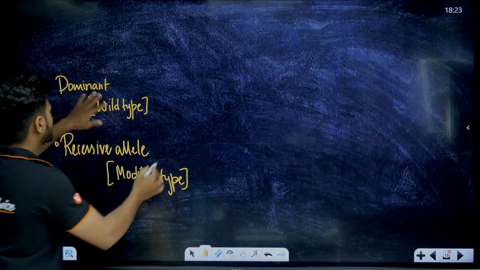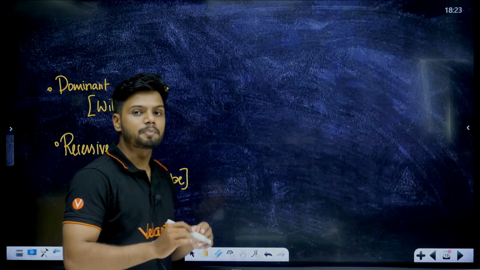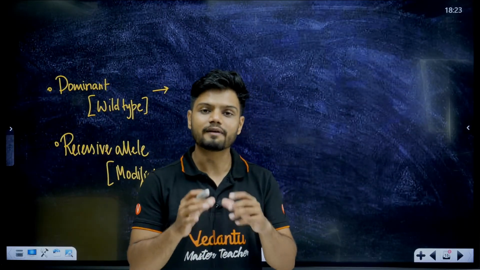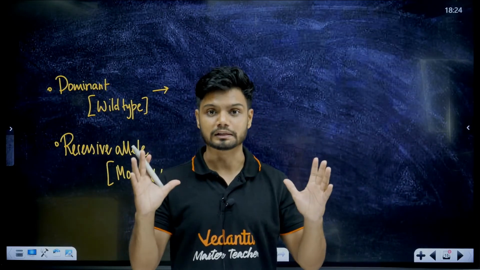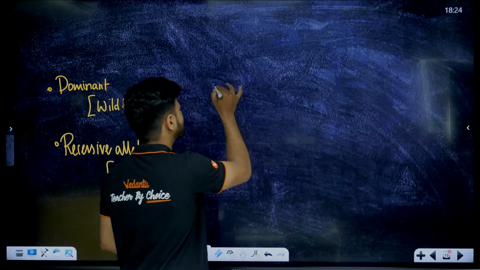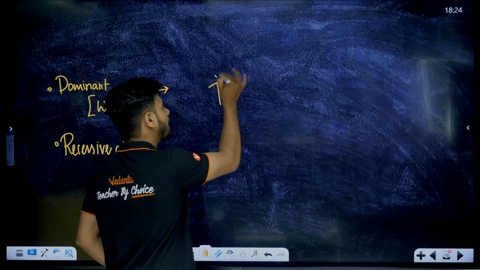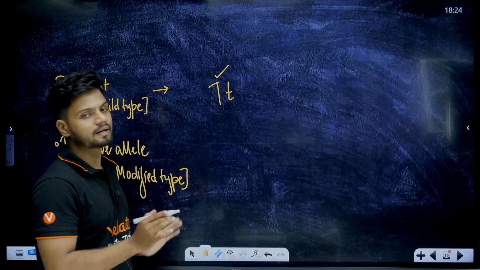Now, remember, students, the dominant allele will always express, even in the presence of the other allele. That is called dominant allele. For example, in capital T, small t, capital T is going to be your dominant allele.